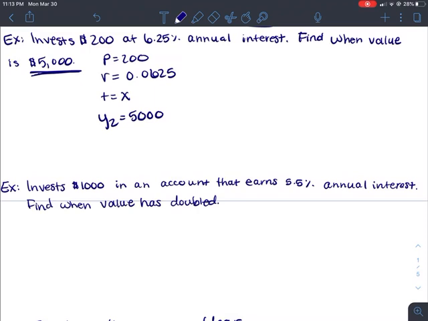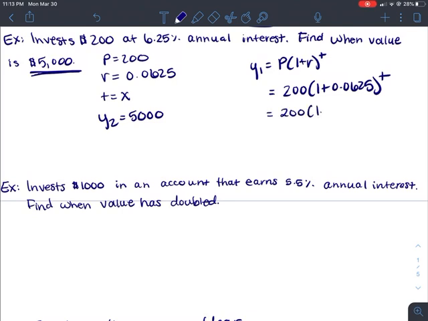So I'm going to find my y1. Y1 equals p times 1 plus r to the t power, which equals 200 times 1 plus 0.0625 raised to the t power. This gives you 200 times 1.0625 to the t.